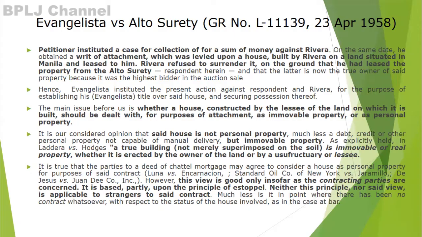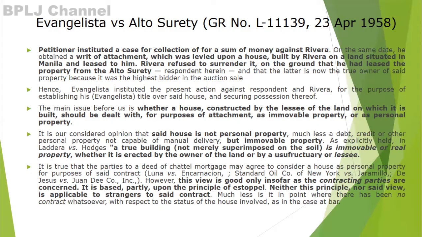It need not be erected on the immovable by the owner of the land. However, this view is good only insofar as the contracting parties are concerned. It is based partly on the principle of estoppel.